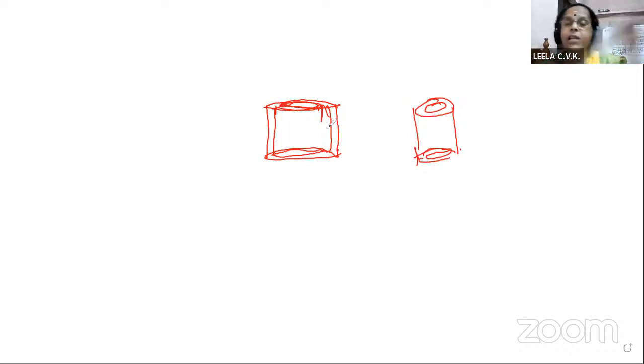See, I have shown one cylinder, isn't it? That cylinder was hollow, but that thickness was very less. It was very thin, so that thickness we could not take. If this part is thicker, that will become a hollow cylinder.